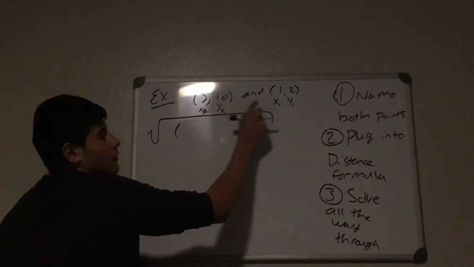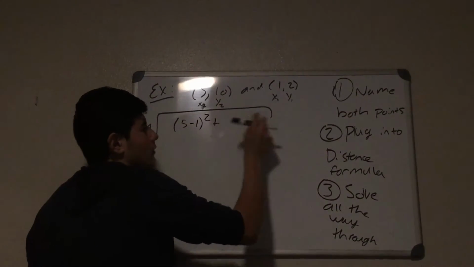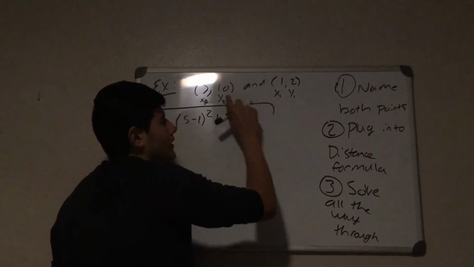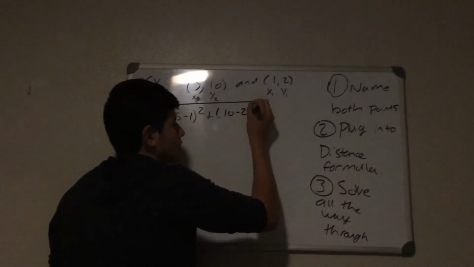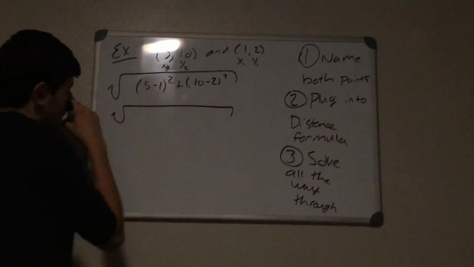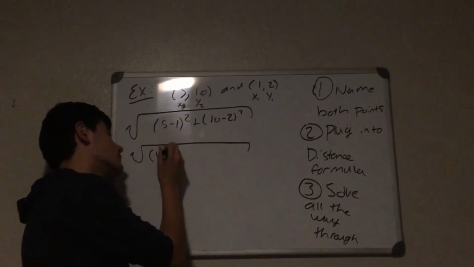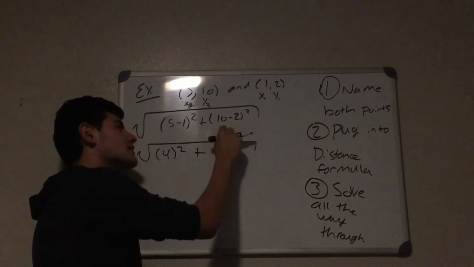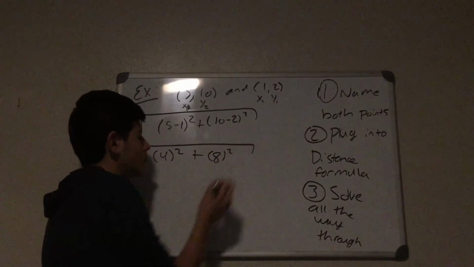Okay. Now we plug into the distance formula. So we have x2 minus x1, which is 5 minus 1 squared, plus y2 minus y1, 10 minus 2 squared. Square root. Okay. Here, 5 minus 1 is equal to 4 squared, plus 10 minus 2 is 8 squared.